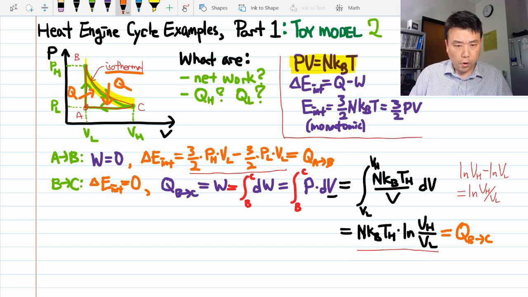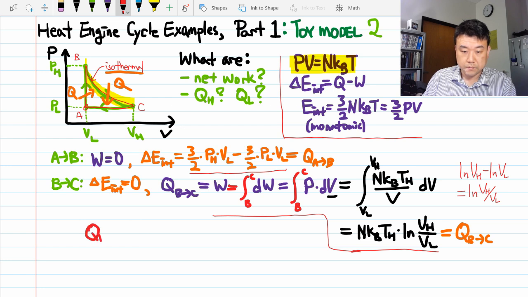Alright, I think that's all of the heat input. So this is a good point to pause for a bit and calculate the heat input to the system. So heat input is equal to heat input in process A to B plus heat input in process B to C. And it doesn't really simplify here, so I'll just write it down.